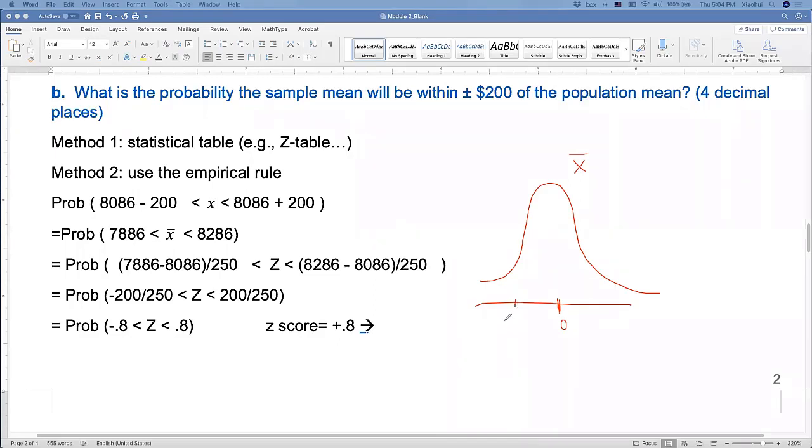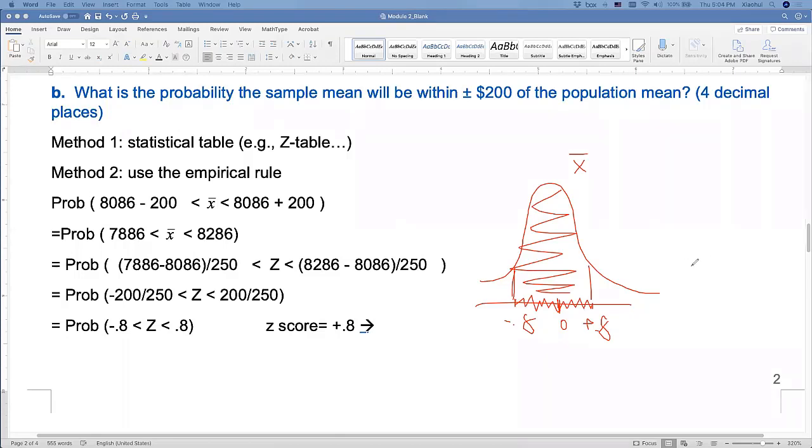What we want to do is find minus 0.8 versus positive 0.8. What we want to find is the probability between those two. The probability means the area under the curve between them. So this is what we want to find.